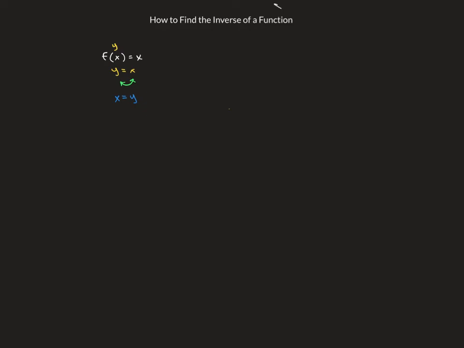We're just swapping the x values and the y values. So our answer will be f of minus 1 x. So f minus 1 x is equal to x. And this here is f of minus 1. This is how we write inverse.